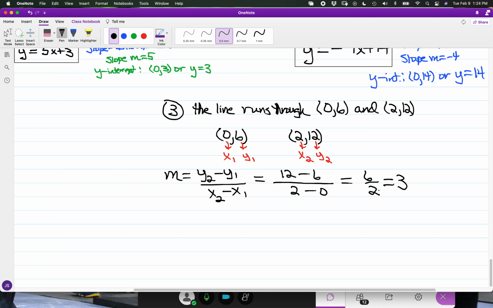We now know what the slope is going to be, and you can choose (0, 6) or (2, 12) for x1, y1 in the point-slope setup.